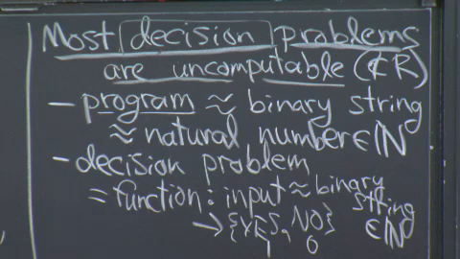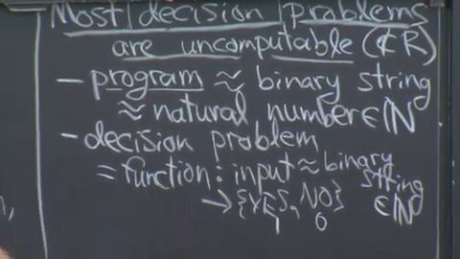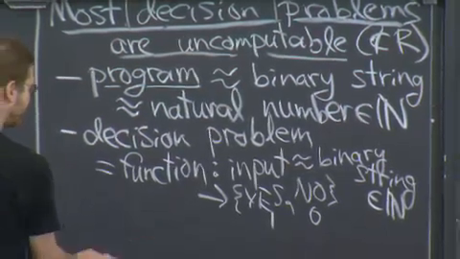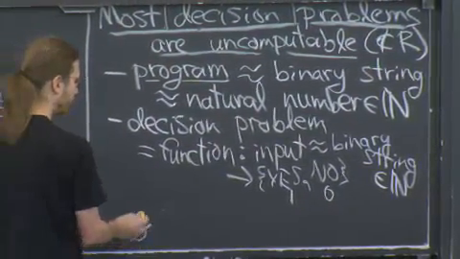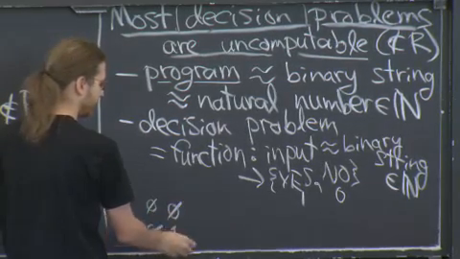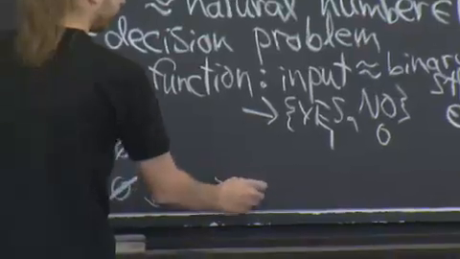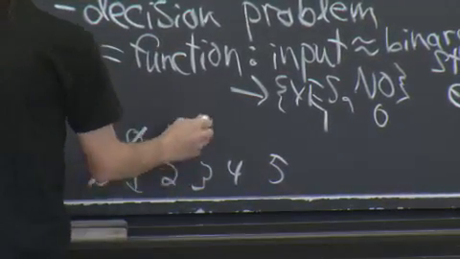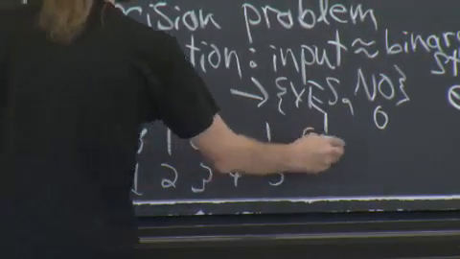Another way to represent one of these functions is as a table. I could just write down all the answers. The input could be the number 0, and then maybe the output is 0. The input could be 1, and then maybe the output is 0. Then the input could be 2, 3, 4, 5, and the outputs 1, 0, 1, 1, whatever.